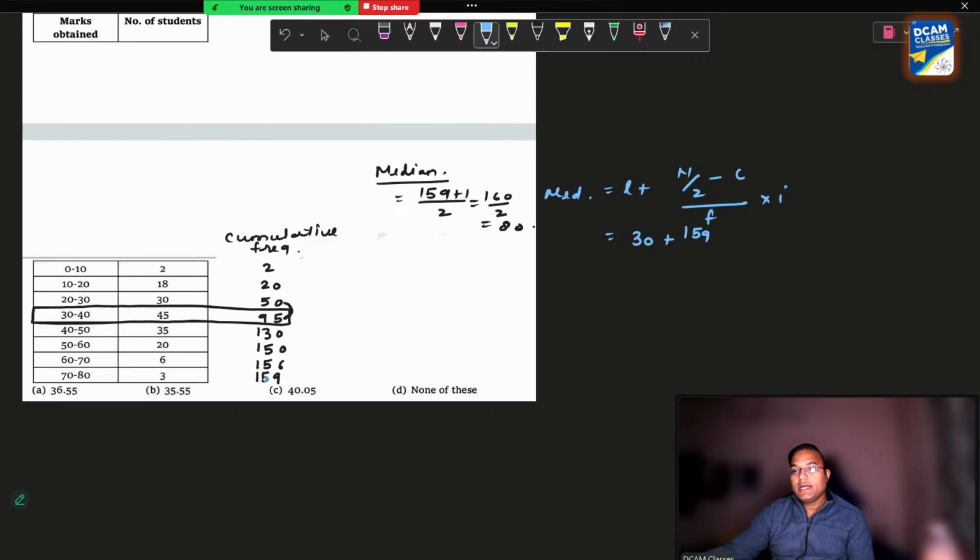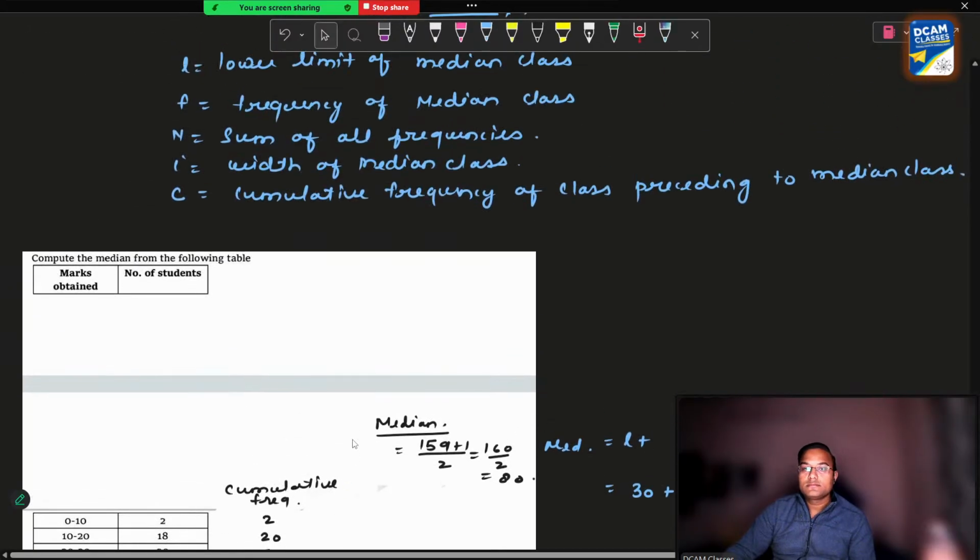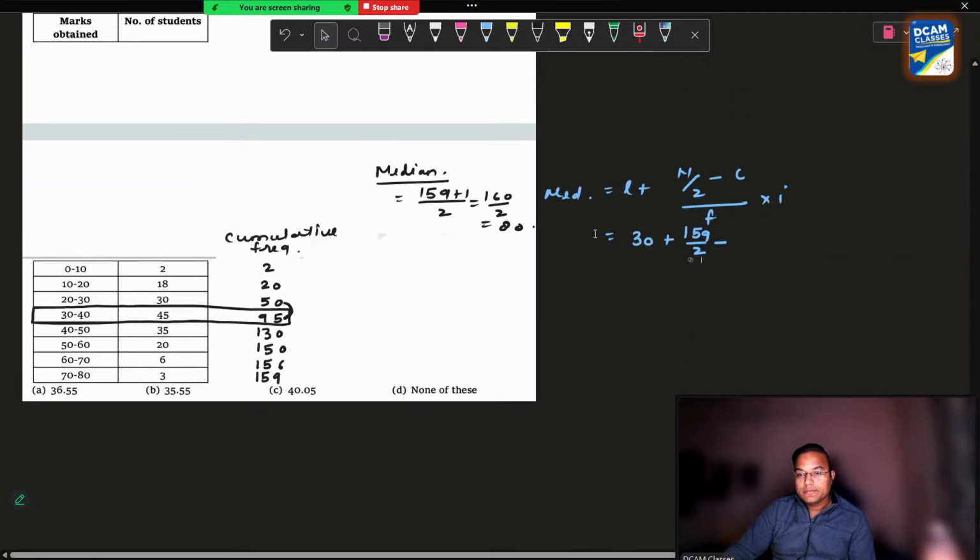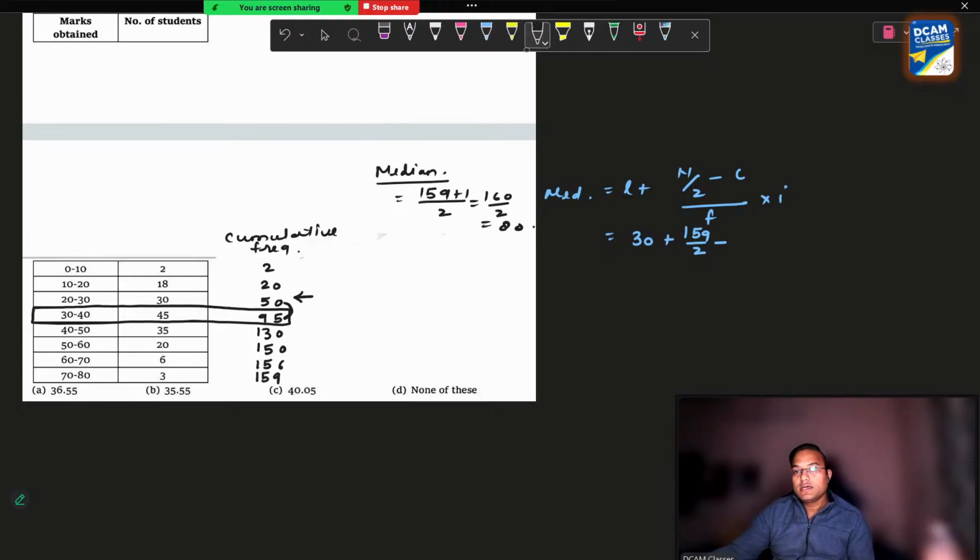So 159 by 2, minus what is C? C is the cumulative frequency of the class preceding the median class. The cumulative frequency of the class preceding the median class is this one, 50. So I'll write 50 here.